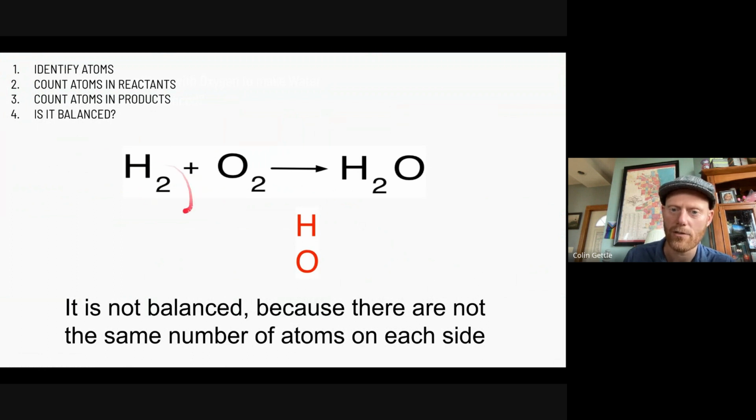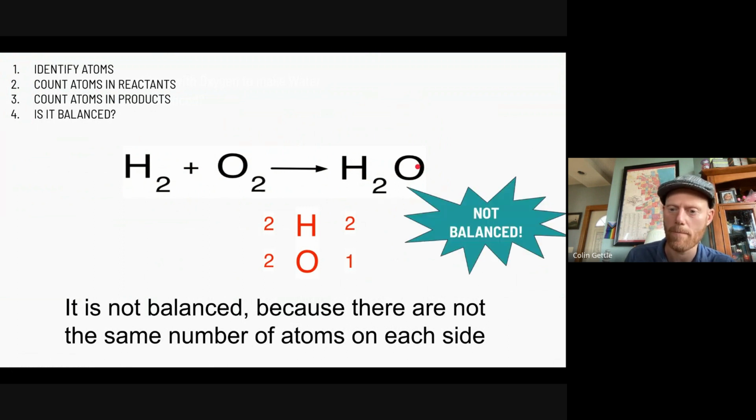I can see there are 2 hydrogens here and 2 oxygens. If I come over here, step number 3, count the atoms in the products. I can see there are 2 hydrogens and 1 oxygen. Is this balanced? No, it is not balanced because those numbers are not the same.